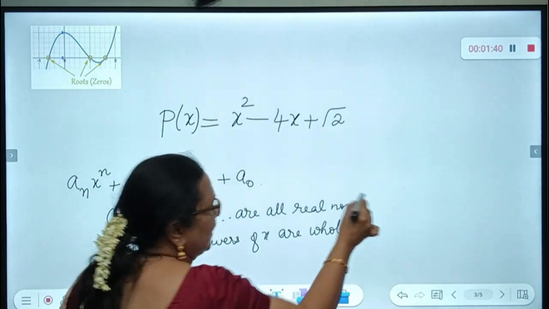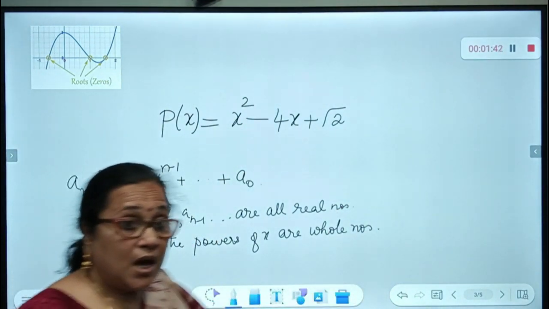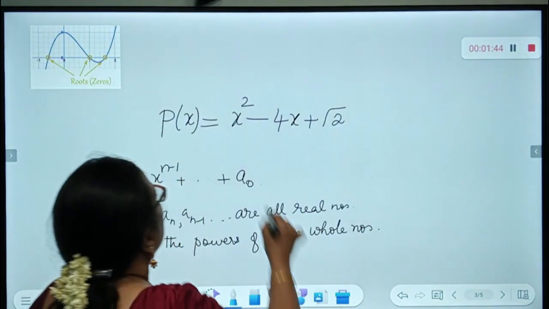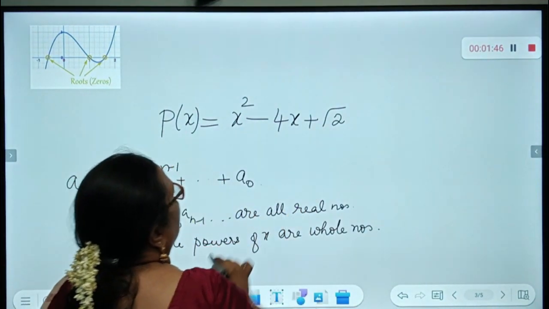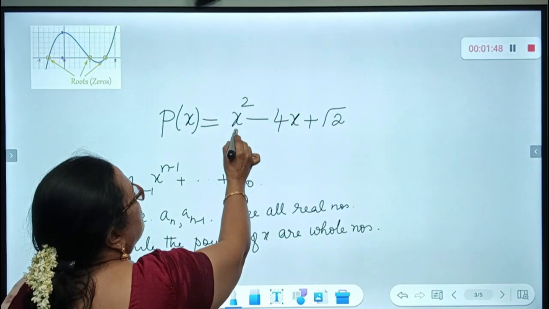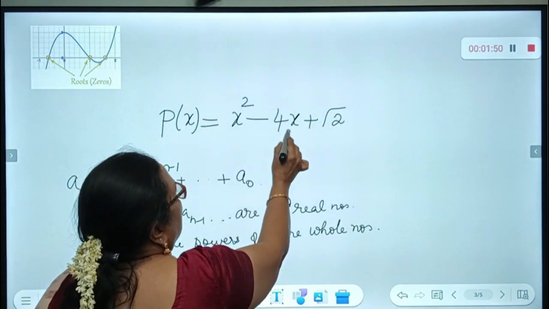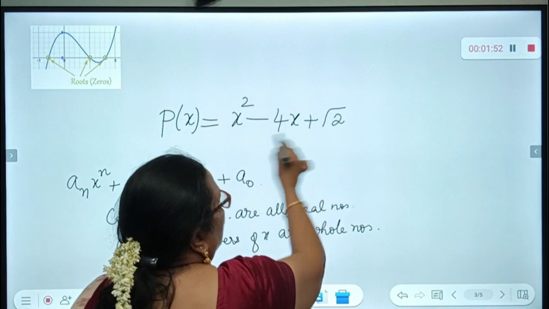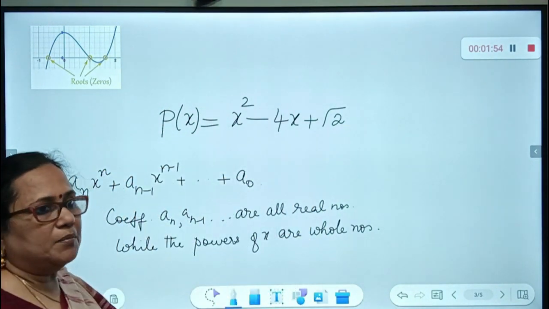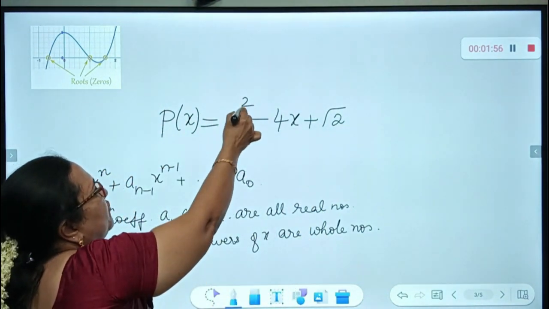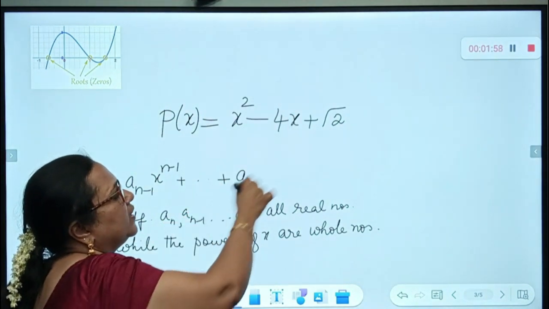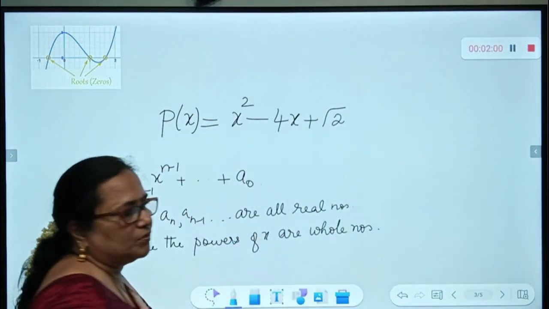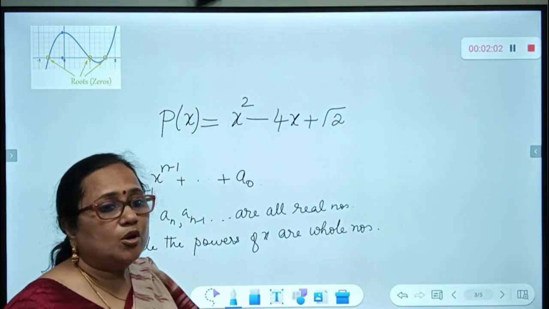I will clearly tell you what is a polynomial and what is not a polynomial. So this is an example of a polynomial. The coefficient of x square is 1. The coefficient of x is minus 4 root 2. All these are real numbers. If you look at the power of x, 2 and 1, here you can think of the power as 0, right? Therefore, the powers are whole numbers.